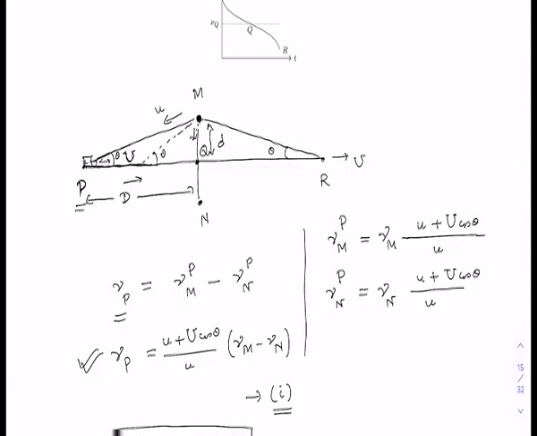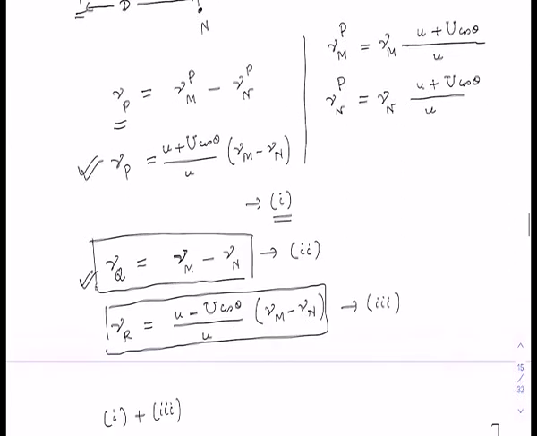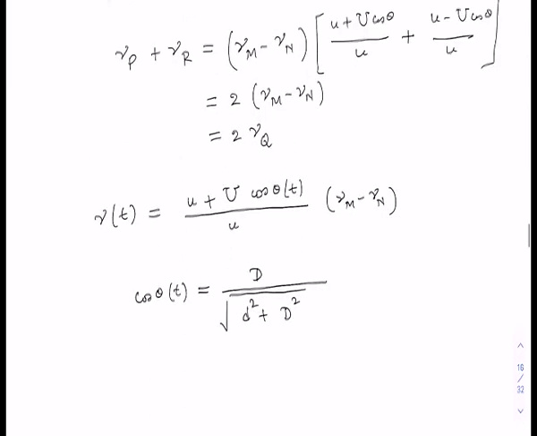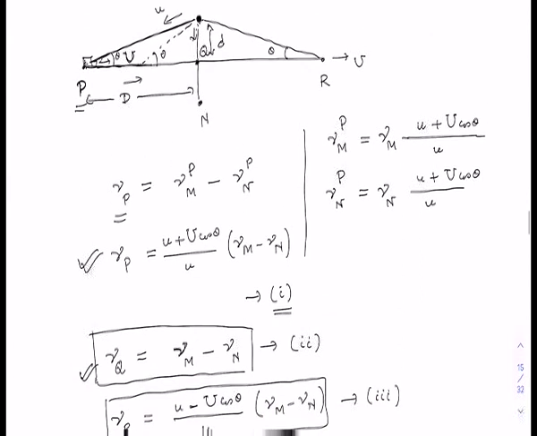Therefore at that point cos theta would be simply this base d divided by this hypotenuse. So you will have d divided by the square root of d square plus capital D square, but actually that is exact at the extreme point here.